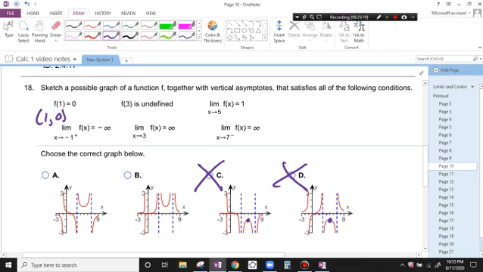The limit as x goes to -1 from the right of f of x equals negative infinity. This means on the right of -1, this thing needs to be going down, down, down. Let's find -1. On the right, it needs to be going down, and look at it. It's going up to the right. And we can verify all this other stuff, right?